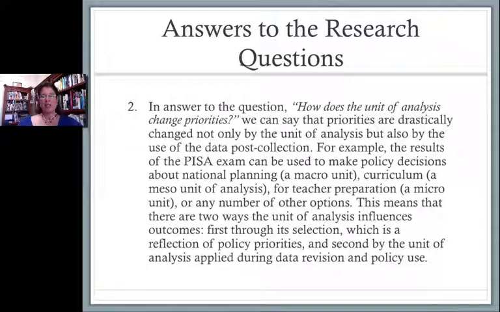So we say that there's two ways that the unit of analysis can actually influence outcomes. One way is through the selection, because that's a reflection of the priorities that are given to certain policies, and then the other is actually the usage of the data in the end. So we know that it is used, but sometimes it's not used to its potential. The unit of analysis isn't reflected upon nearly enough to actually yield the best use of all the data possible.